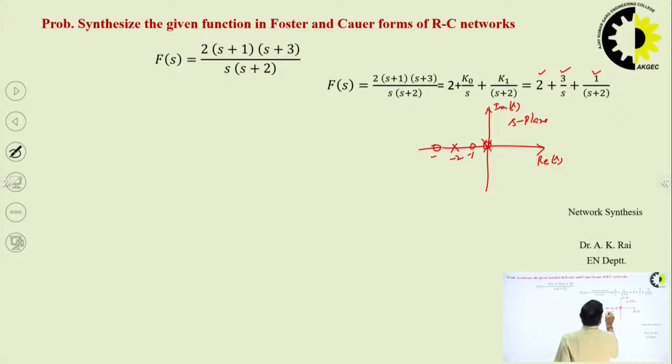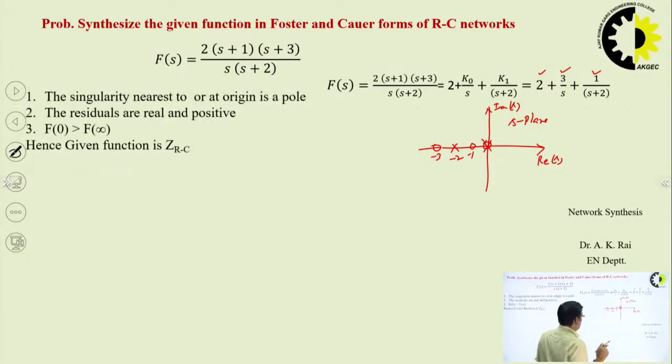then a zero at -3. So poles and zeros are simple and lie on the negative real axis, and they alternate. We have the pole at the origin, then we have the zero, pole, zero and so on. The singularity nearest to origin or at origin is a pole, and the singularity nearest to infinity is a zero, okay.